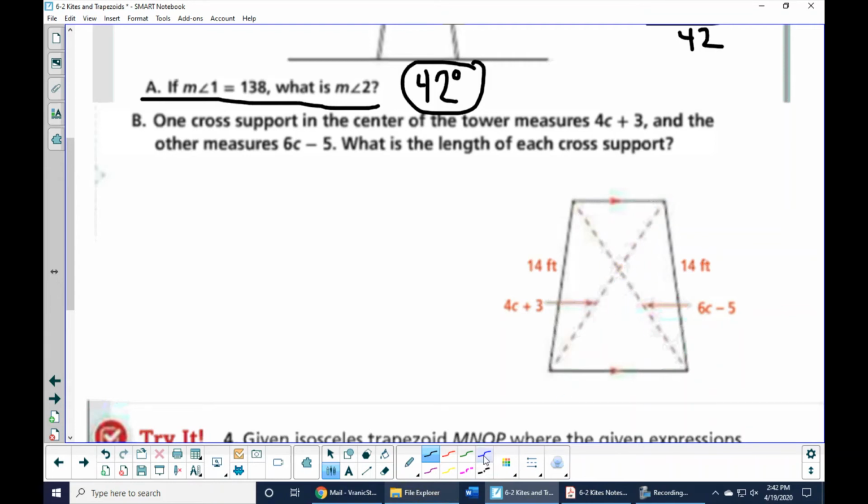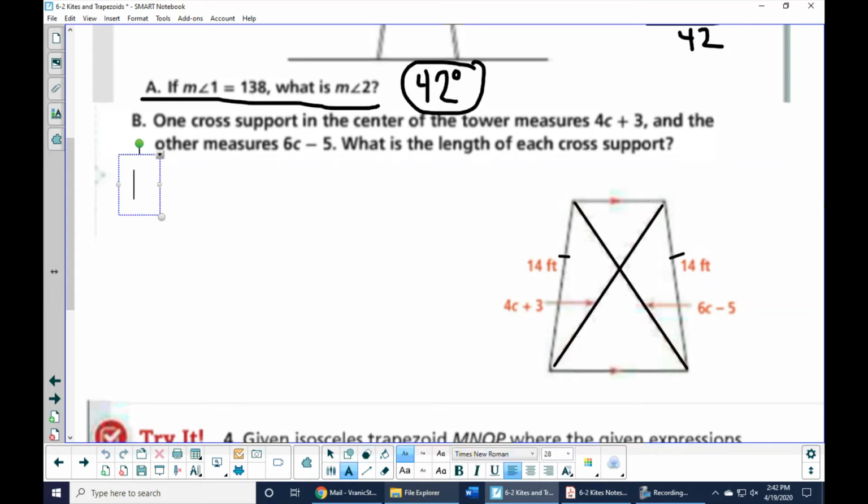Okay, so like we said earlier, these diagonals are always going to be equal because we know that this is an isosceles trapezoid. I'm going to go back to typing. So since they're equal, we're going to say 4C plus 3 is equal to 6C minus 5. We're going to set them equal.